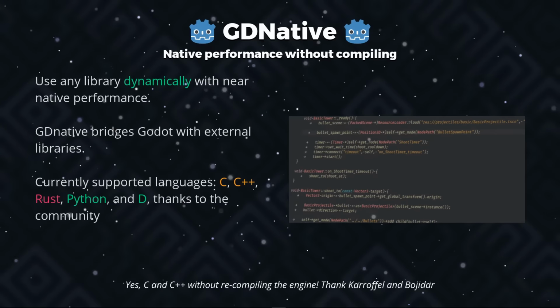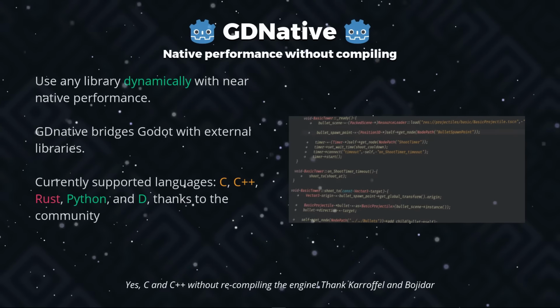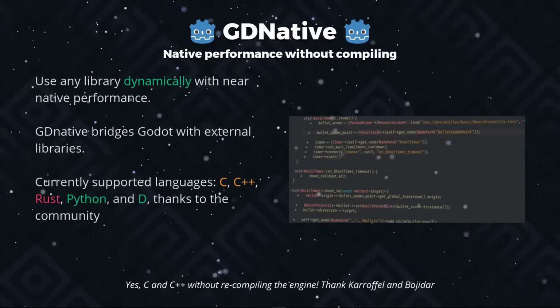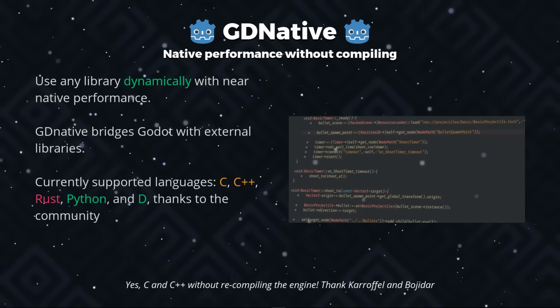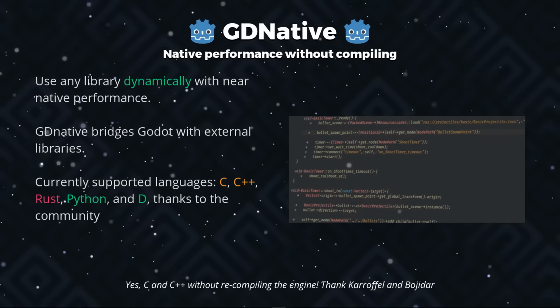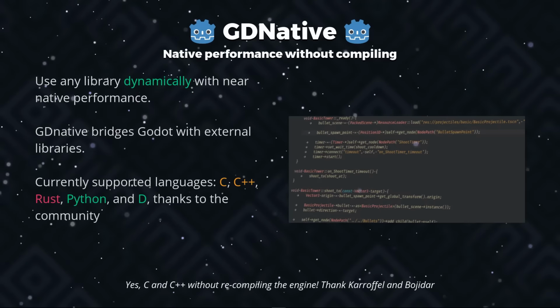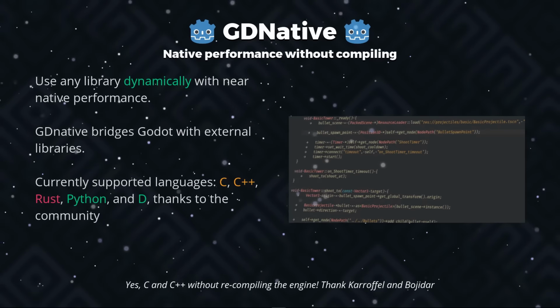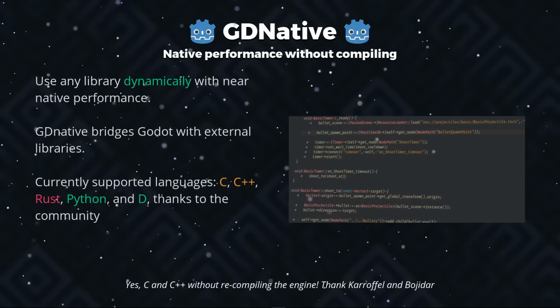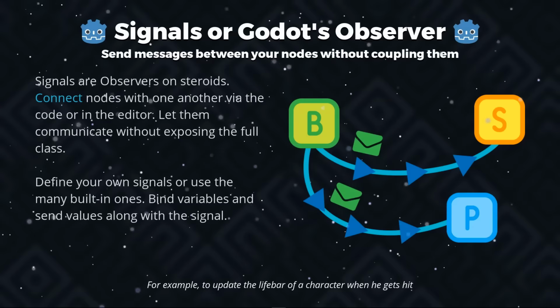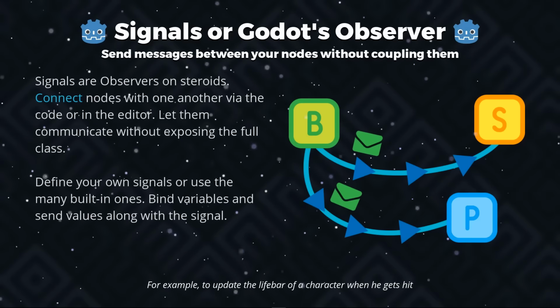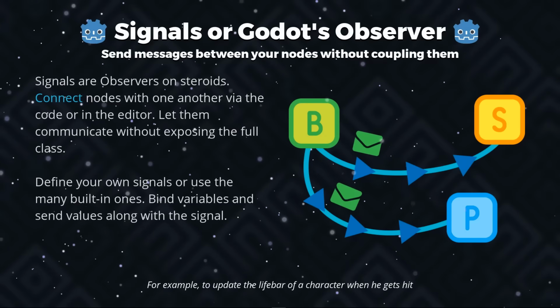And then the community has worked on Rust. There's a Python binding available, and D is in the works as well, I believe. All that is maintained by the community. The Python one is very advanced. It's made by Tuiman. He's put a lot of work inside this, so you can use Python as well.